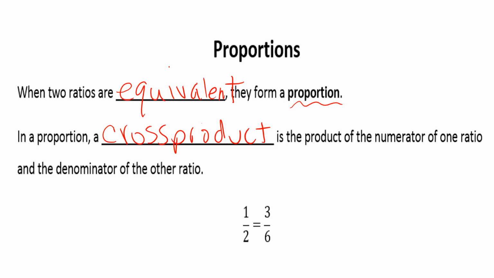So what we're going to do is take our first ratio, 1/2, and put it equal to our second ratio, 3/6. We are going to figure out the cross product. Product means multiply. 1 times 6 is 6. 3 times 2 is 6. Therefore, this is a proportion. It has a proportional relationship.